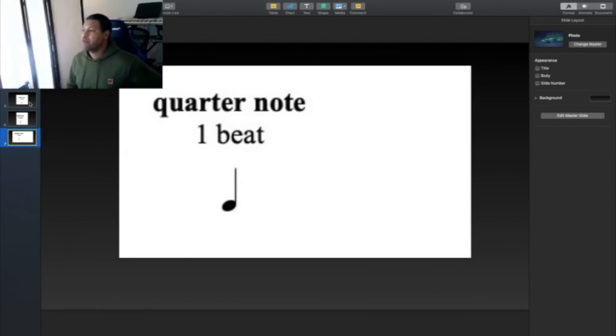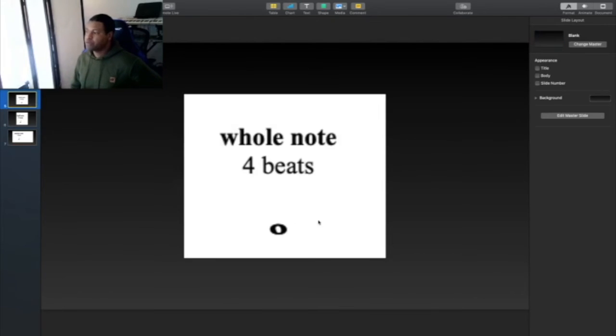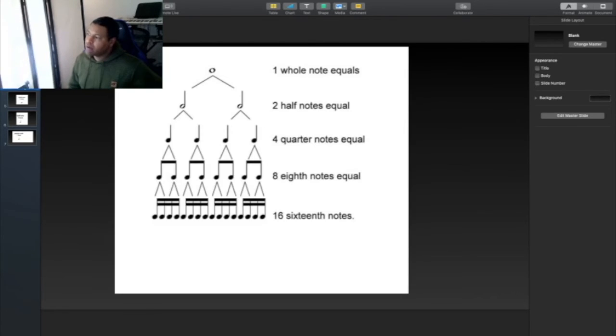The whole note is basically a hollow circle. It may look like this, or it may look similar to this. Whenever you see this particular symbol, it's a whole note receiving 4 counts of sound.